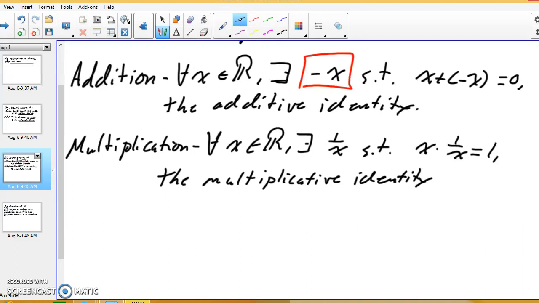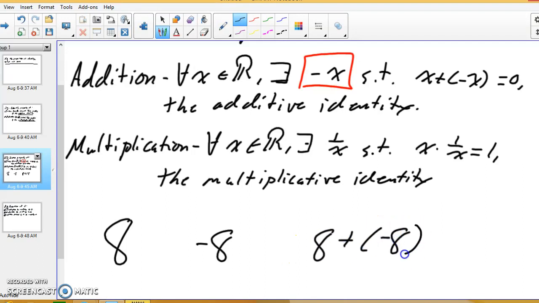So again, we'll just go through a couple of examples here. What is the additive inverse of 8? The additive inverse of 8 is negative 8 because 8 plus a negative 8 is equal to the additive identity 0.